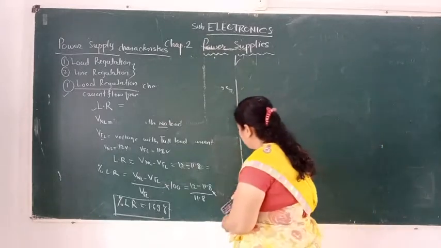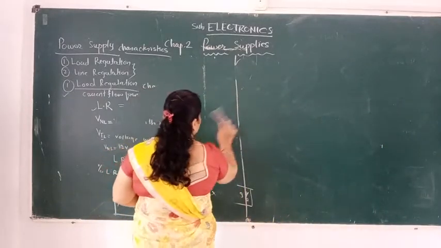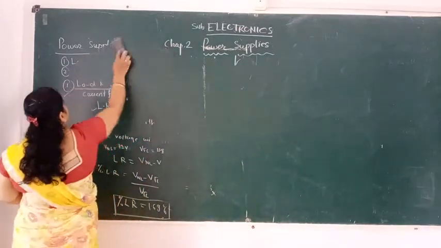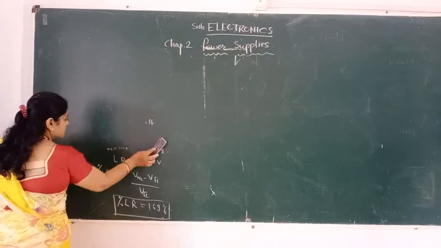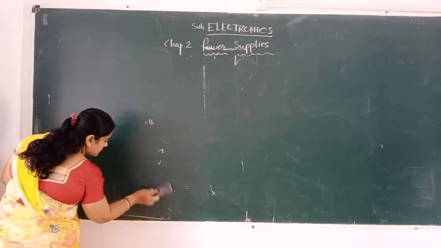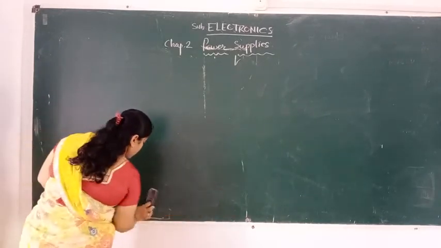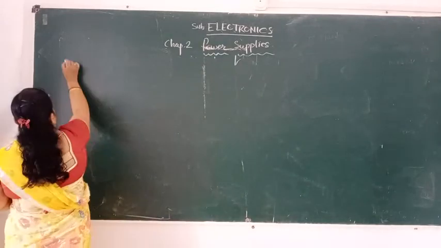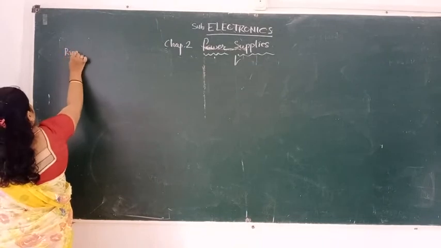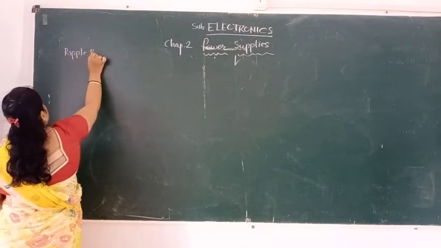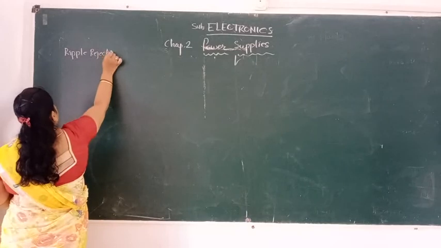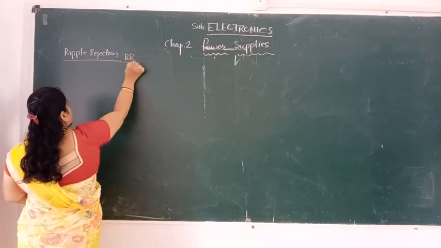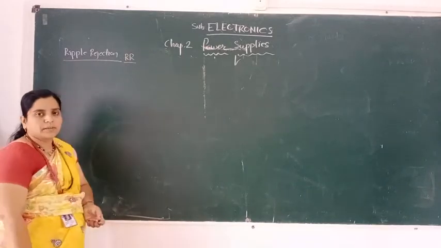Next we are going to see another point, which is ripple rejection. What is this? RR is ripple rejection.